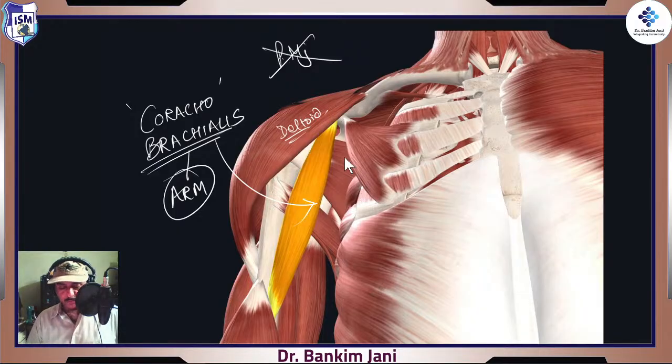Short head is what is right now in focus. We cut the short head, and underneath the short head we saw this coracobrachialis. Long head we have not touched yet, but we just know that long head is long because it is going through that bicipital groove, right? Remember bicipital groove. Okay.